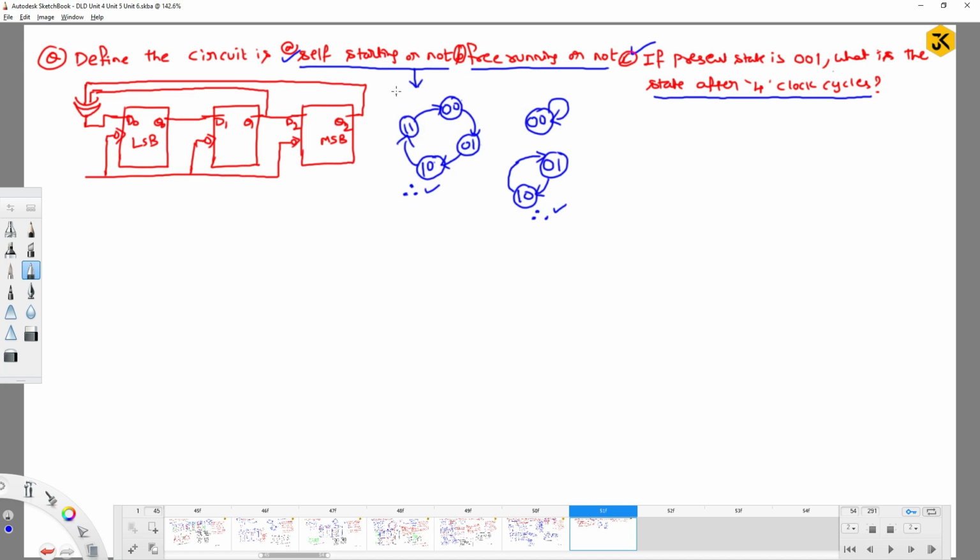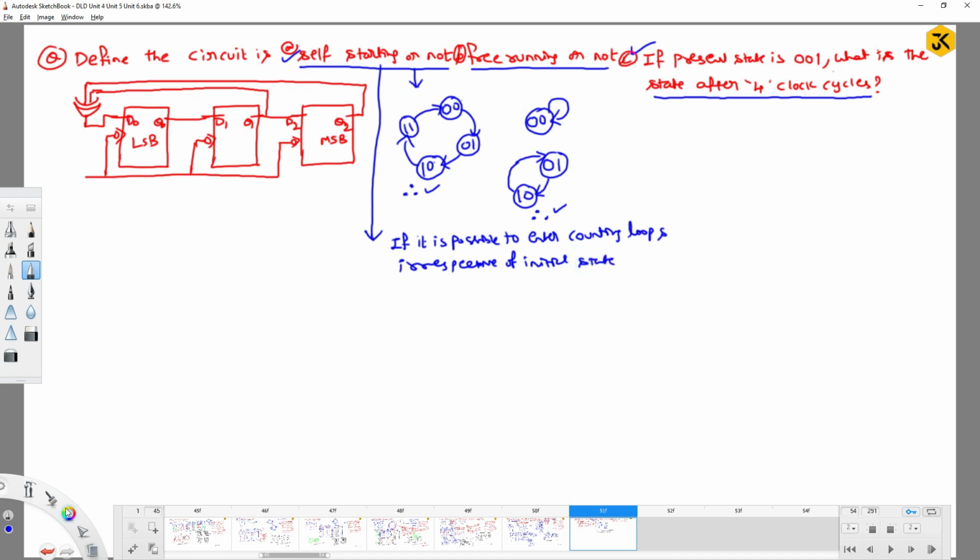That is what we call self-starting. Technically, if it is possible to enter the counting loop irrespective of the initial state, then I can call it self-starting.